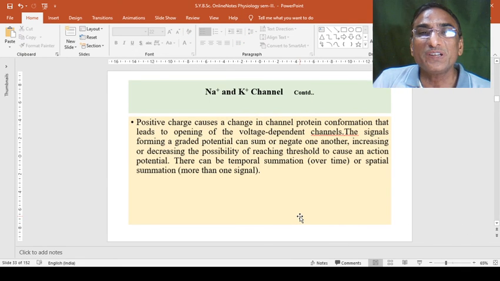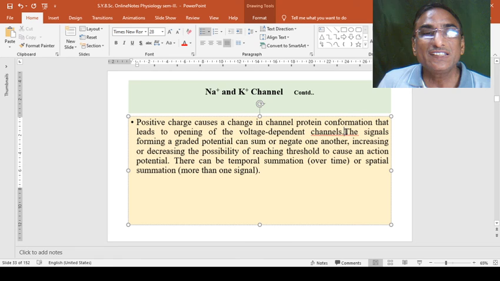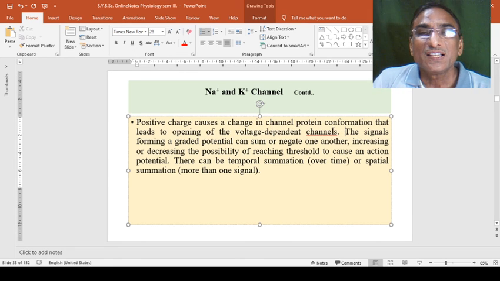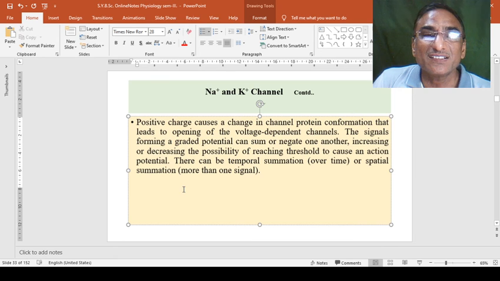Now, the sodium and potassium channels we are continually studying here are positively charged ions and cause a change in the channel protein conformation that leads to opening of the voltage-dependent channels.